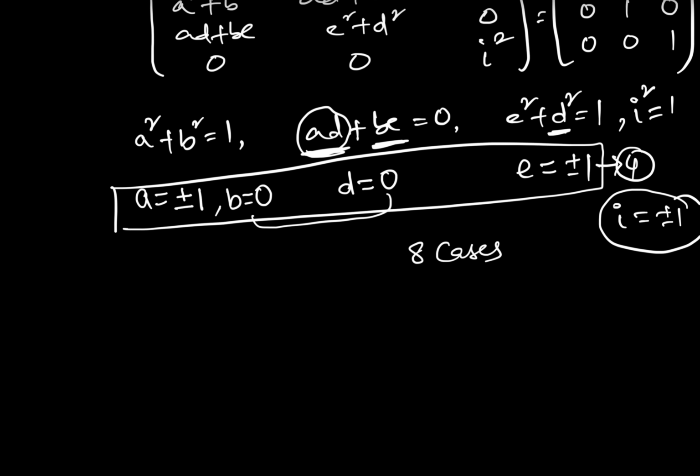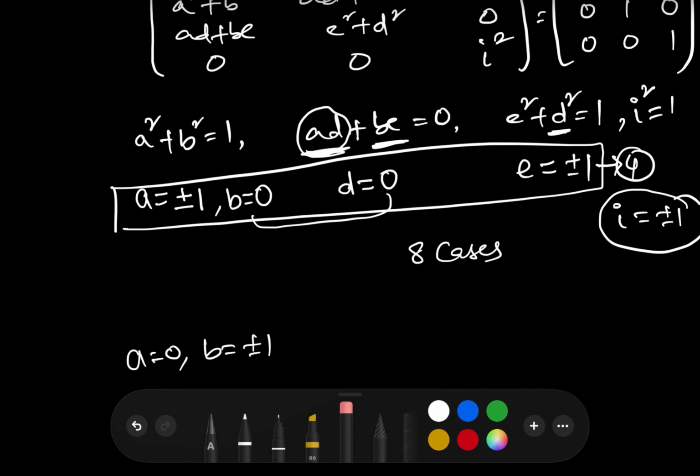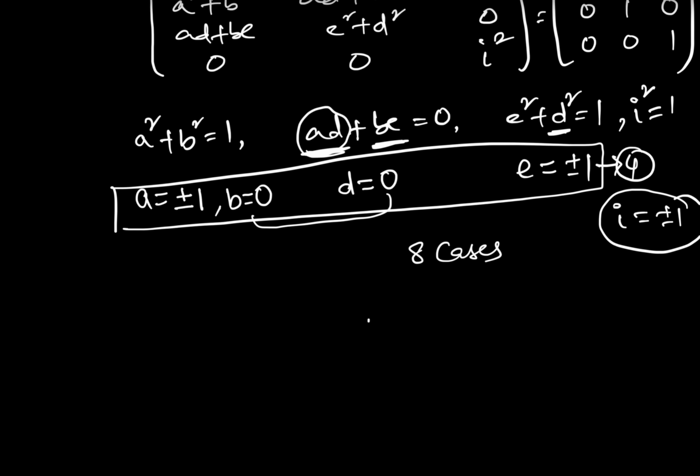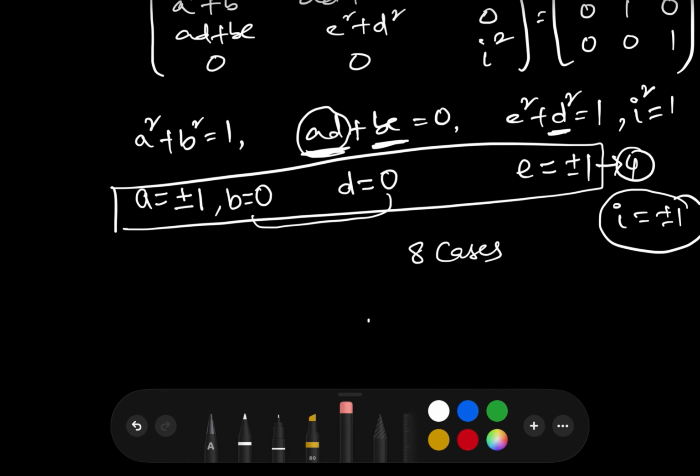After that, reverse, which means A equal to 0, D equal to 0, B equal to plus or minus 1. So if you observe clearly, here total 8 cases: plus or minus 1, B 0, D 0 and E plus or minus 1, I equal to plus or minus 1.